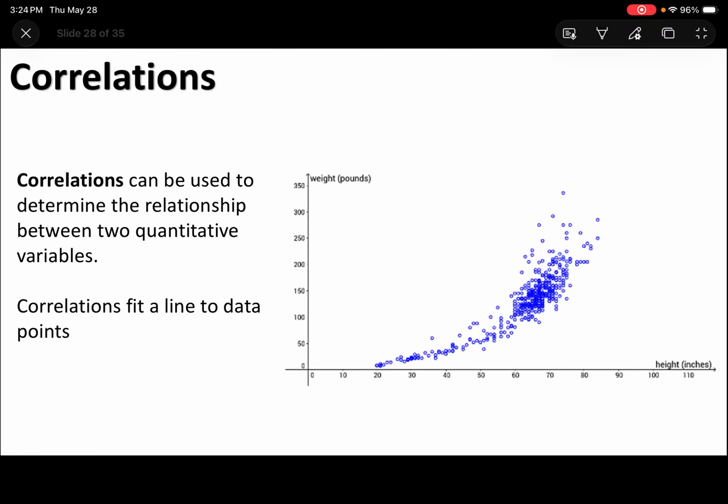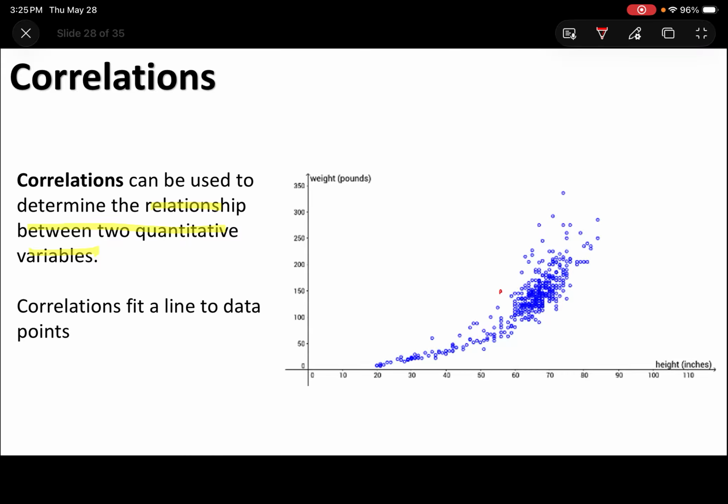The last type of graph I want to talk about is something called a correlation. Correlations are used to determine the relationship between two quantitative variables. So this happens when you take two variables. In this example, we have height and weight. Let's say someone is 60 inches tall, and we asked them what their weight was, and they told us 150.